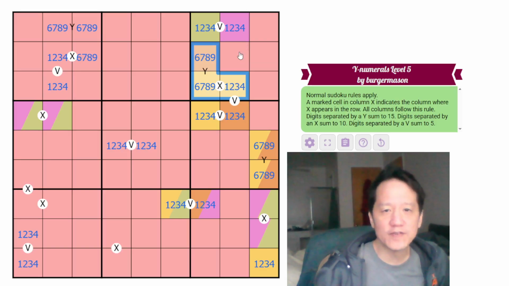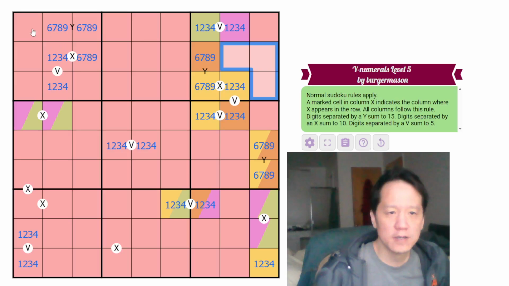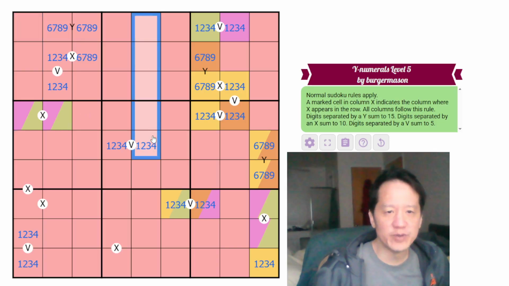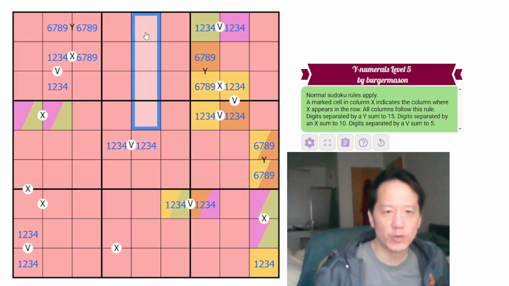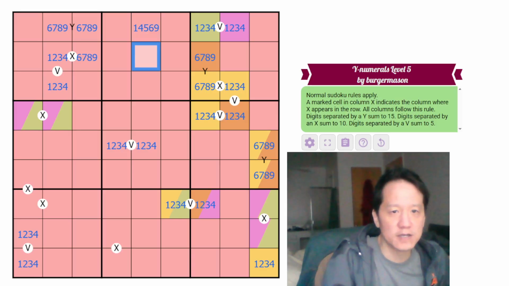So where can the 5 be? Well, where can 5 be? So again, this is essentially an index into where the 5 is in each row. In this row, it can be 1, 4, 5, 6, or 9.